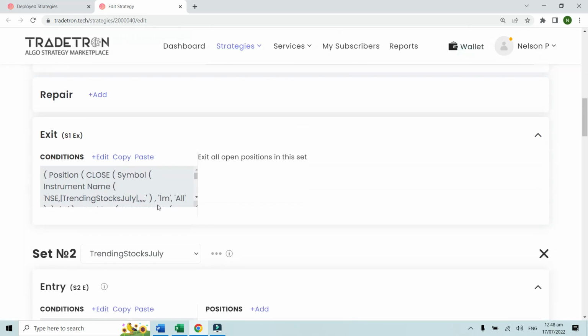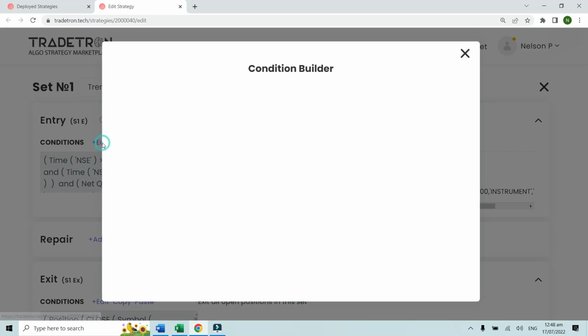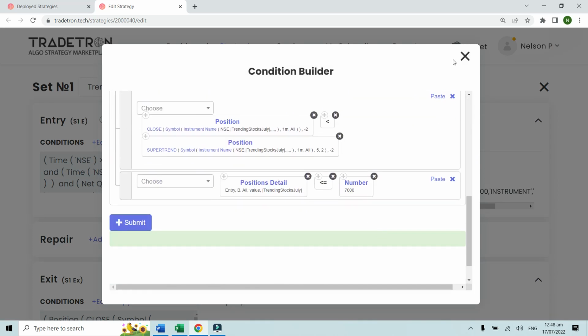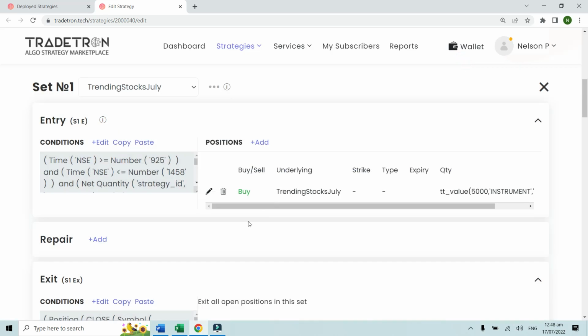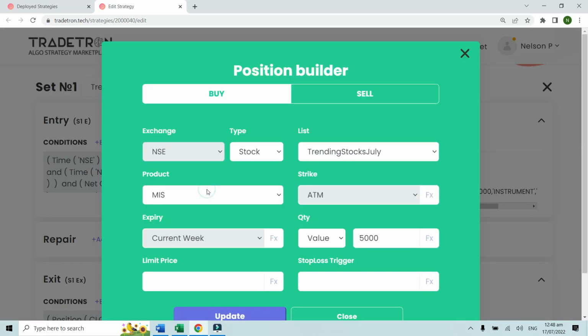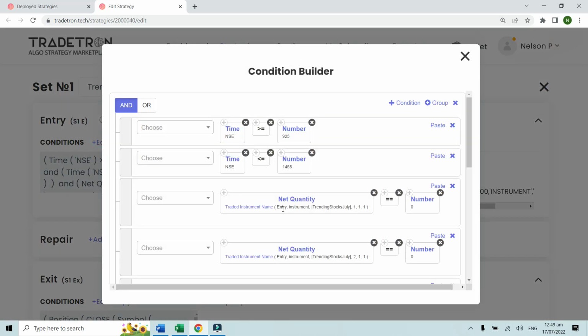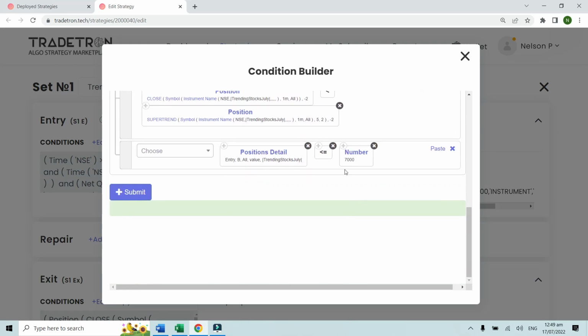As we discussed, similarly on the buy side also, it has taken 7000 rupees as the value, right? So that's why it entered 2 times, and that's how, if you want to restrict the entry to 3 times, and your initial entry is 5000, then in positions detail, in order to take the trade 3 times, you can change this value to maybe around 13,000 or 13,500, because that will be less than 15,000.